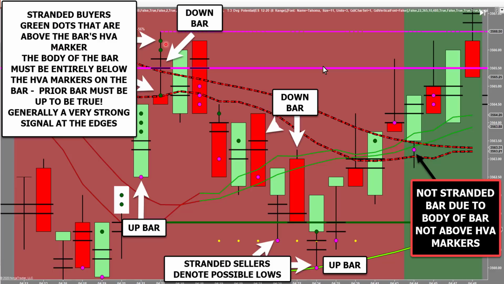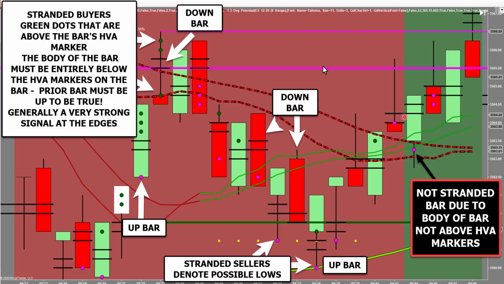A stranded buyer or seller from a particular spot generally means that the market is going to reverse. You'll see the same thing down here at the bottom. There's actually 2, there's actually 3, down bars with reversals with stranded sellers on the bottom twice, and then the market goes up.